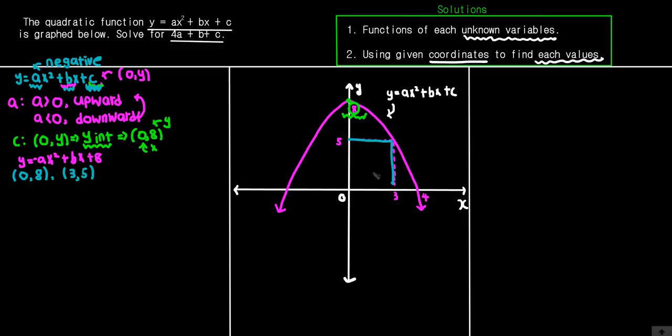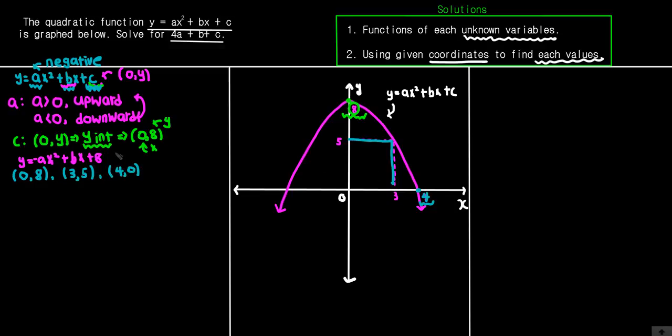And lastly, we figure out that the value right over here is 4. This point is on the x-axis, which means when the x value is 4 in this case, the y value is equal to 0.